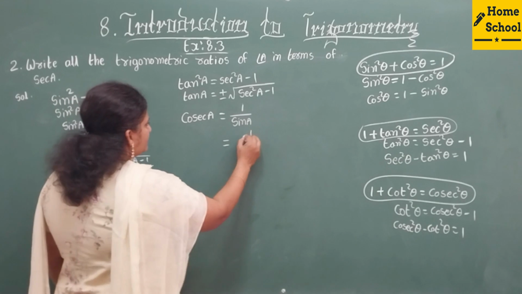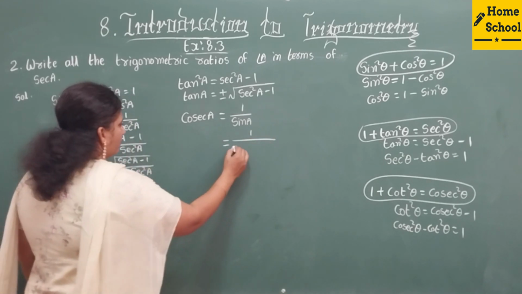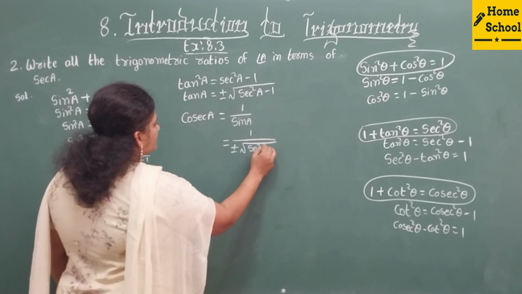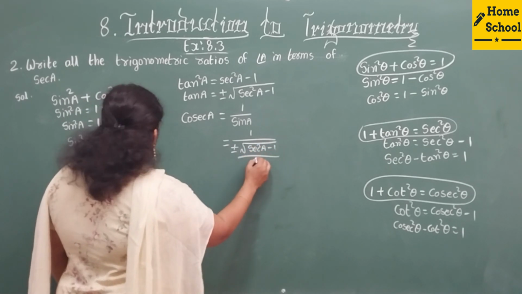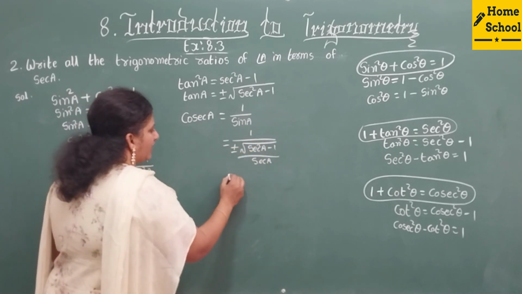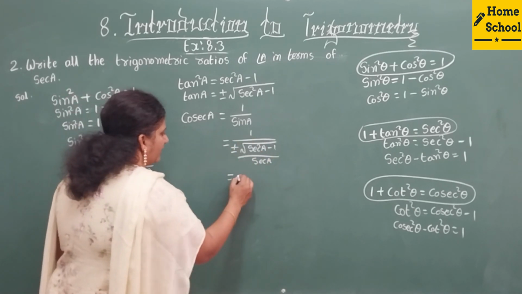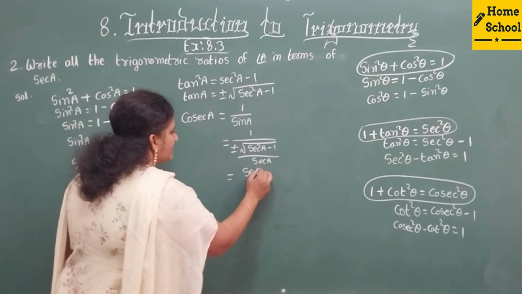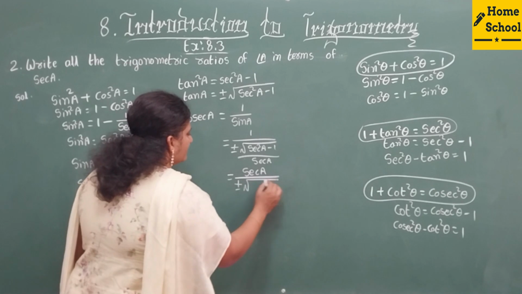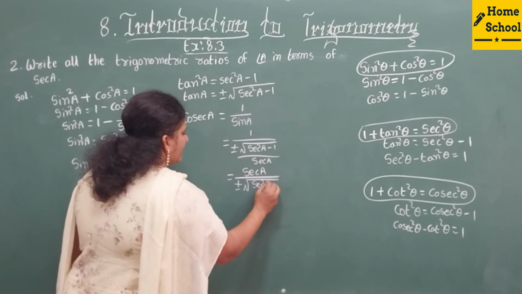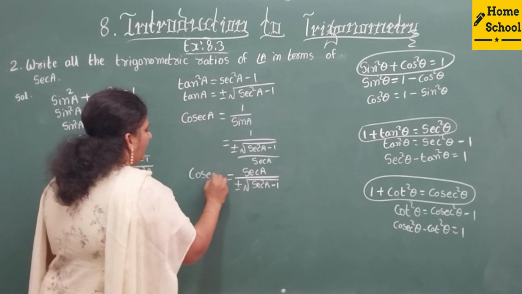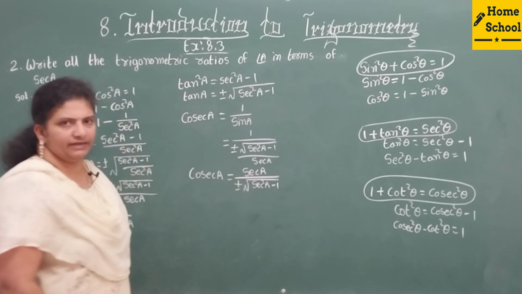Write as it is, 1 divided by plus or minus square root of secant square A minus 1 by secant A. Now bring this to the numerator, that means do the reciprocal and multiply to 1. That is secant A divided by plus or minus square root of secant square A minus 1. Cosecant A in terms of secant A.